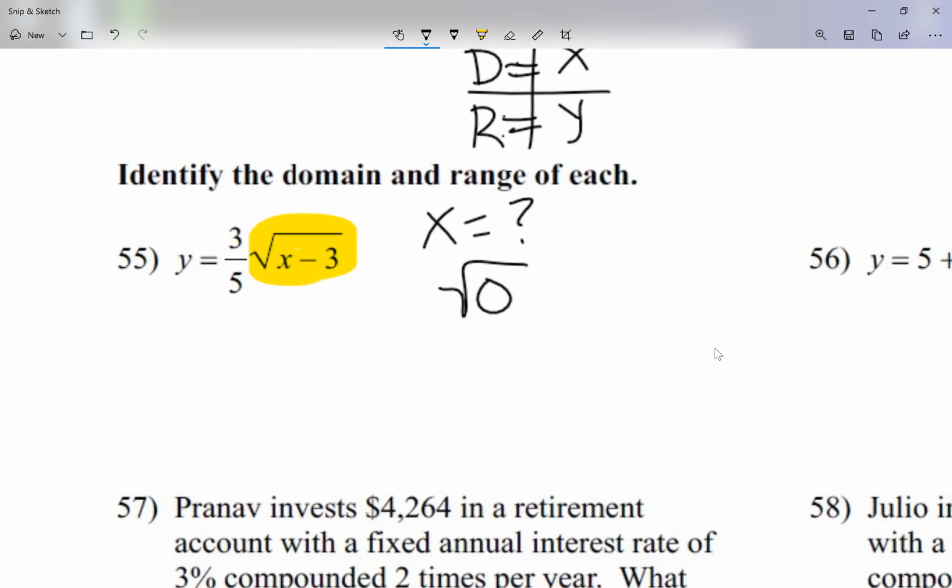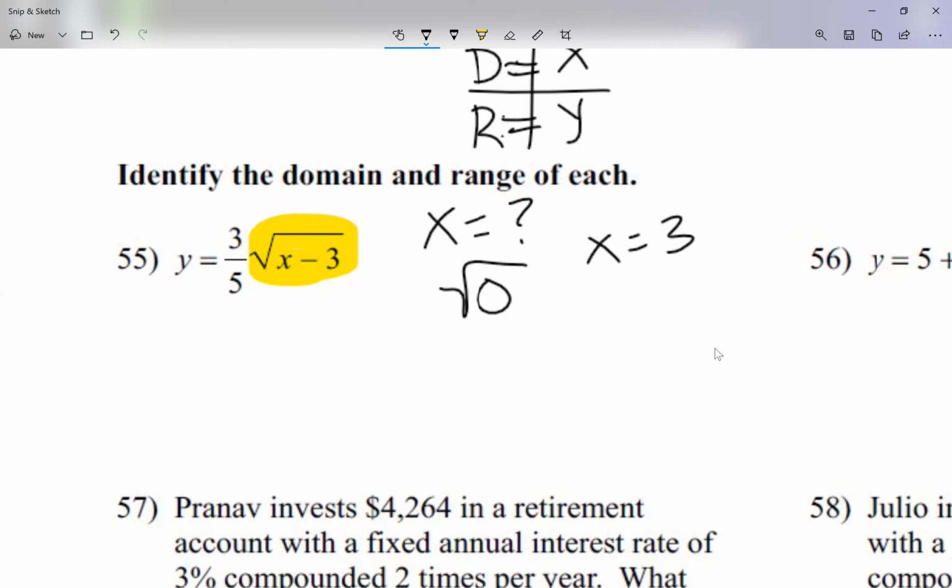So what value of X will give me X minus 3 equal to 0? Well, some people might say, well, X equals 3. Yeah, when X equals 3, the square root will be 0. Now, if X equals anything more than 3, my square root will be a positive value. We can deal with positive square roots.